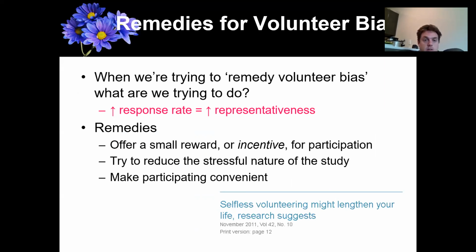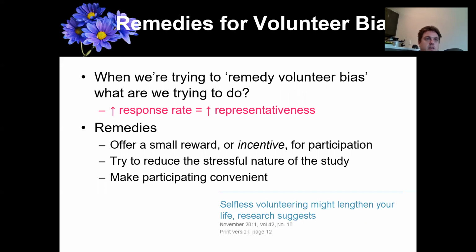Okay, so in general, the more people that do respond to your study, the more representative it is. Not always, but that's usually the case. So again, if you ask 1,000 people to do a study and only 50 volunteer, you might be dealing with some volunteer bias for sure.